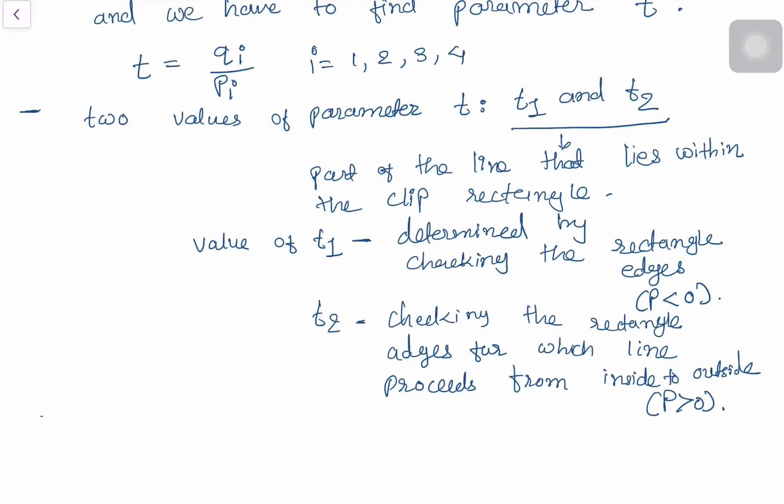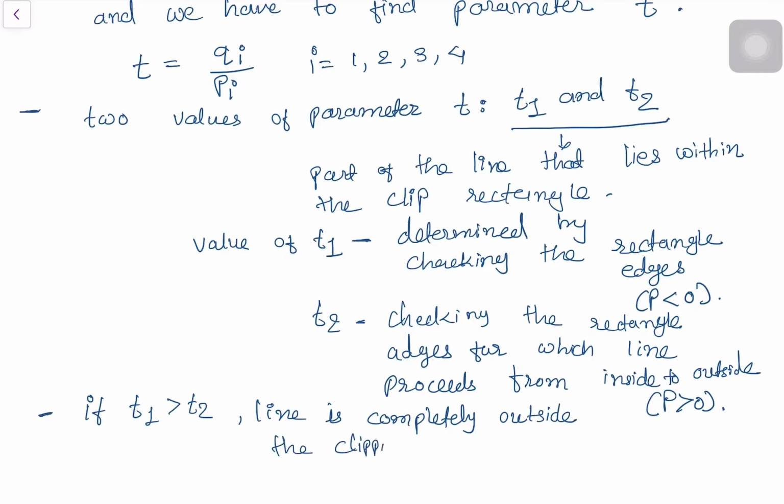Now if t1 is greater than t2, then the line is completely outside the clipping window and it can be rejected.